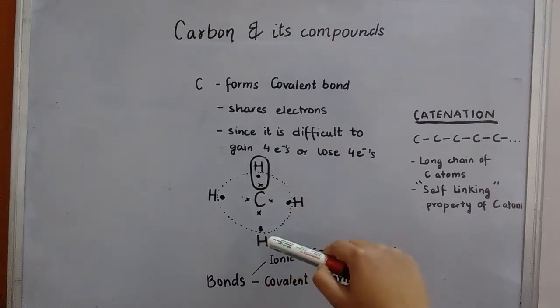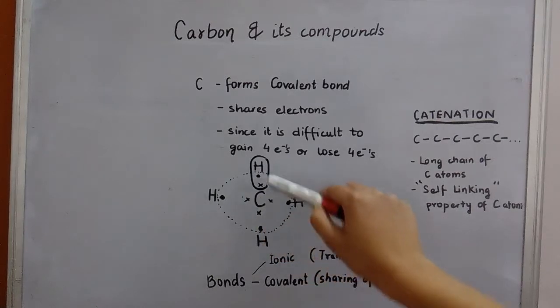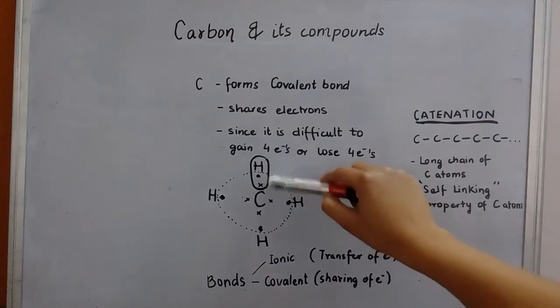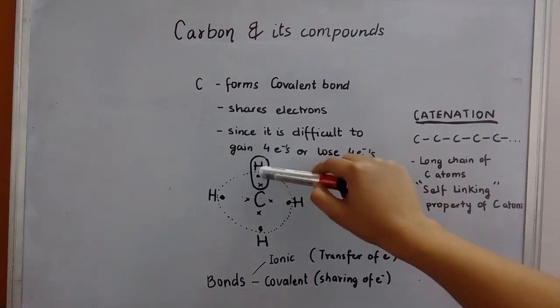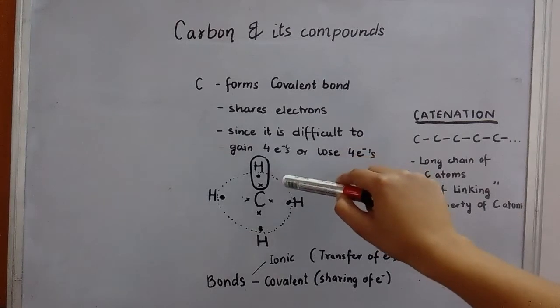So when it needs the 4 electrons, it just asks from hydrogen. Similarly, hydrogen completes its duplet and not octet, so it borrows the electron from carbon and gets 2 electrons, because the last shell is also K, so it can accommodate a maximum of 2 electrons only, right?